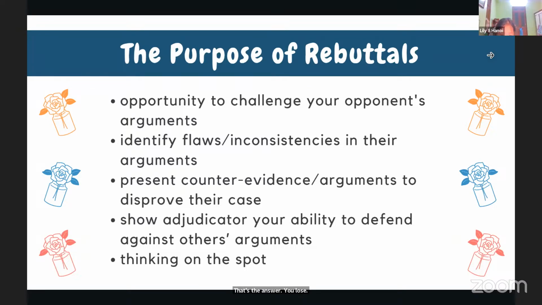Ideally, you would want to put yourself in the position to be able to do arguments. With that time, you want to try and learn the debate as much as possible so that any point that's brought up by the opposing team, you can hopefully have some information that you can use to challenge what they're saying.